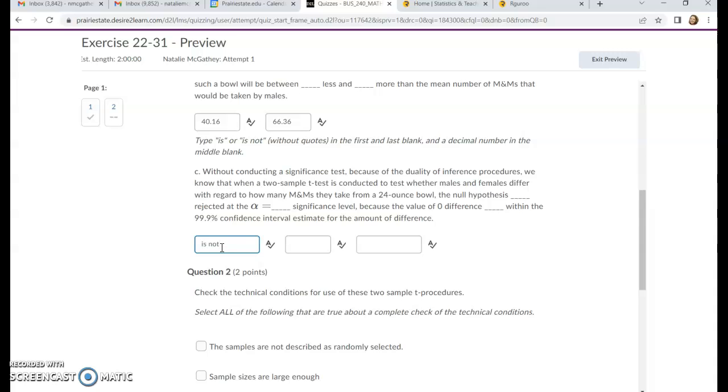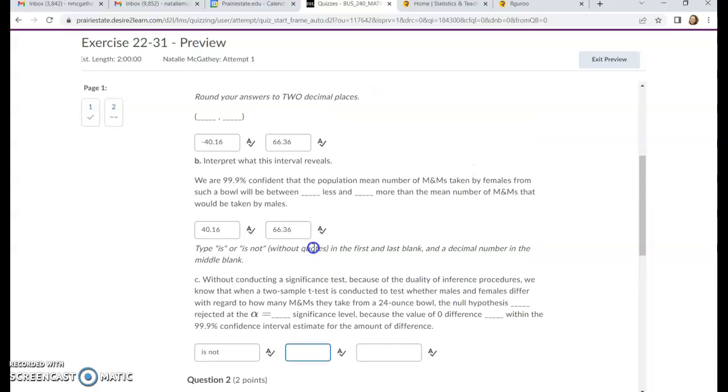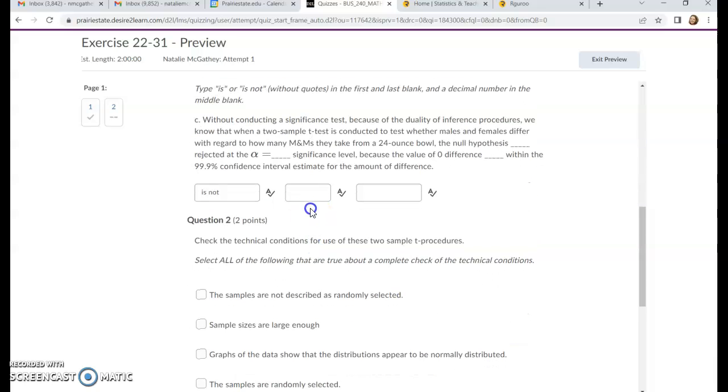We are failing to reject the null hypothesis at the alpha equals. So since this was a 99.9% confidence interval, alpha would be 0.001, right? They add up to 1. Because the value of 0 difference is within that confidence interval estimate for the amount of difference.